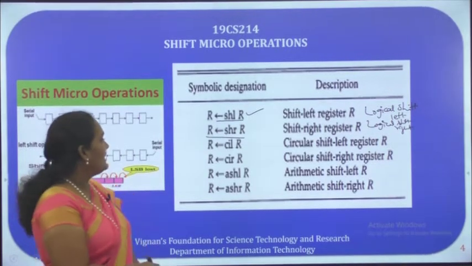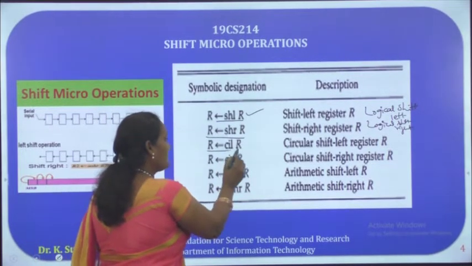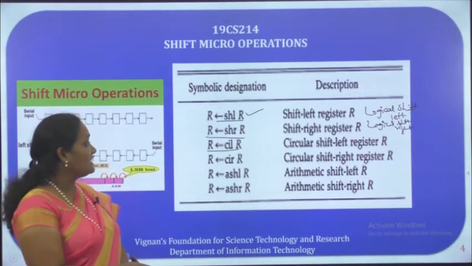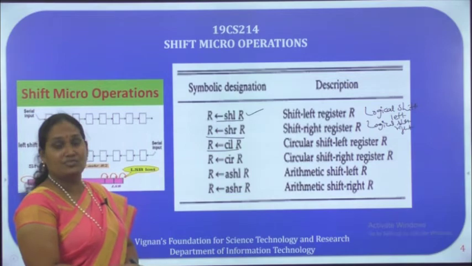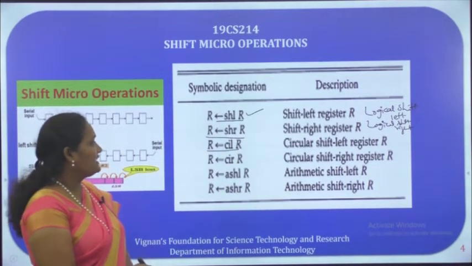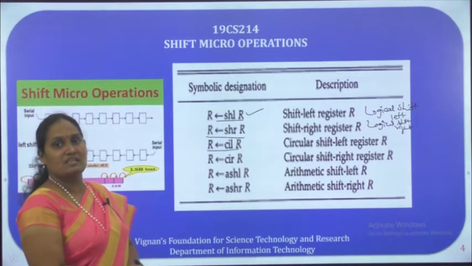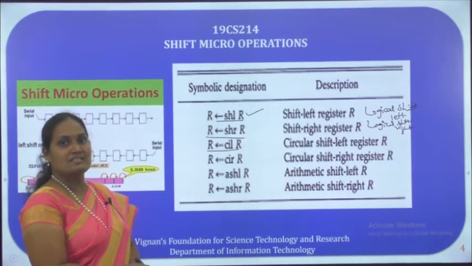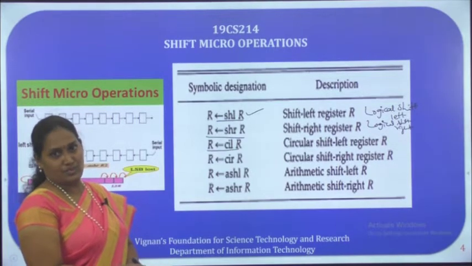Next is R ← CIL R. CIL means circular shift left. Here we are shifting the bits in the register R towards the left by following a circular shift operation.